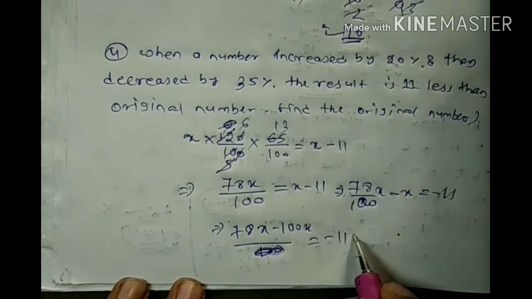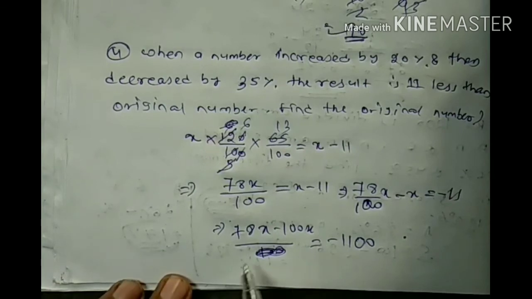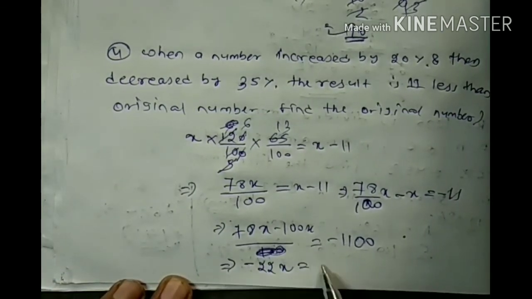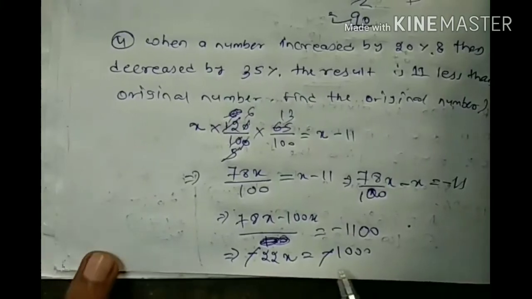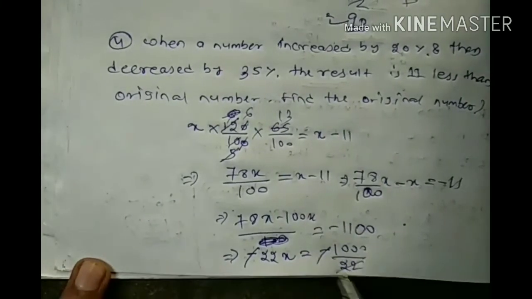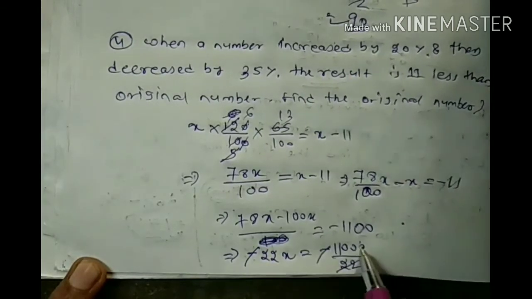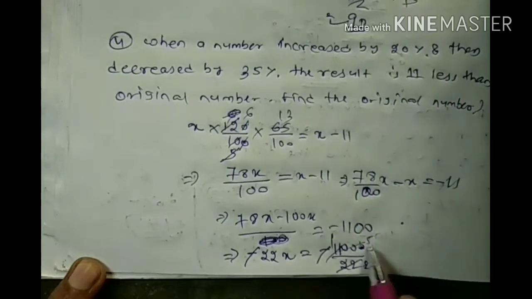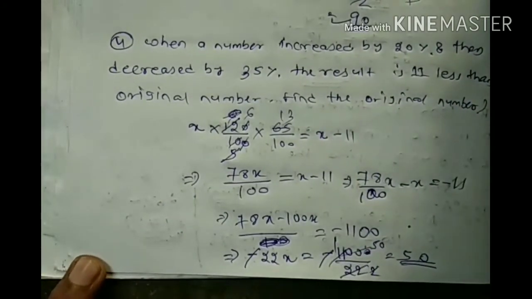So multiplying by 100 gives 1100 as the result. Minus 22x equals minus 1100. The minus signs cancel, so x equals 1100 by 22, which gives 50. So 50 is the original number.